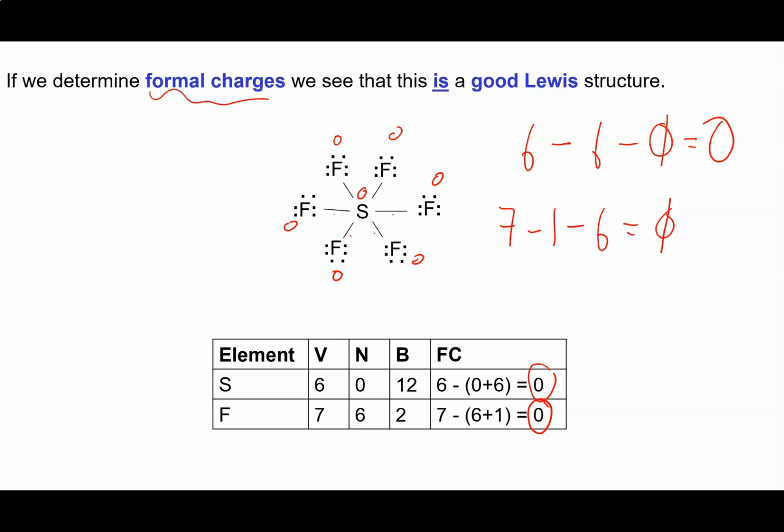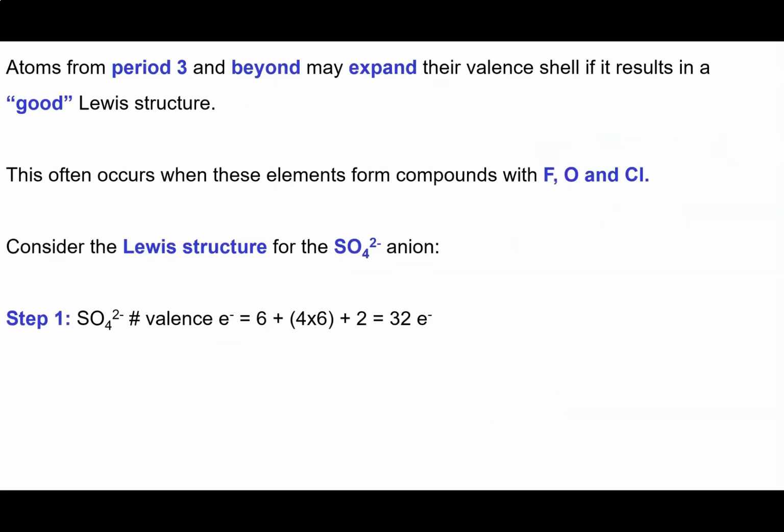So when are we going to know that it's appropriate, or we might expect to see, an expanded valence shell? Well, all of these attached atoms take up space. So we're going to see expanded valence shells when we have large central atoms. And what we observe is that we only see expanded valence shells for central atoms from period 3 and beyond.